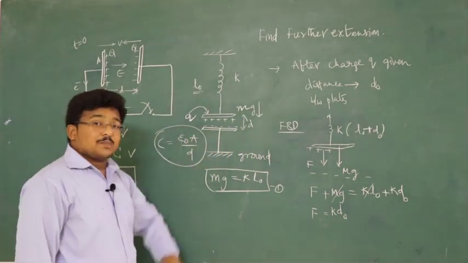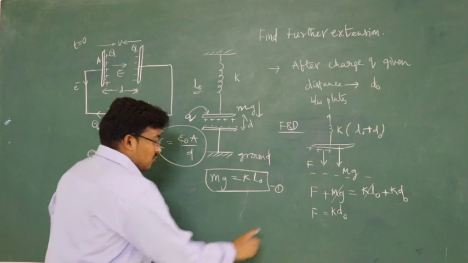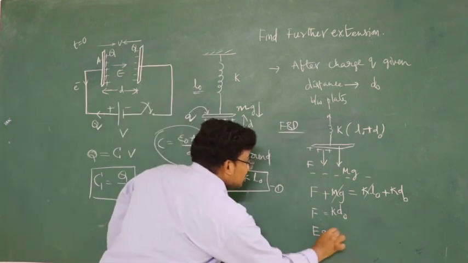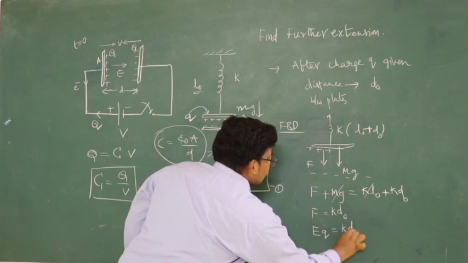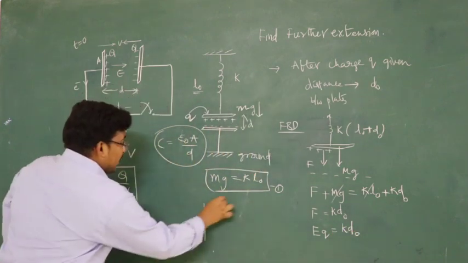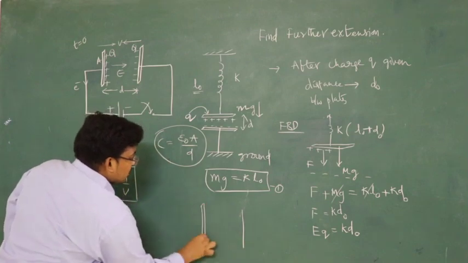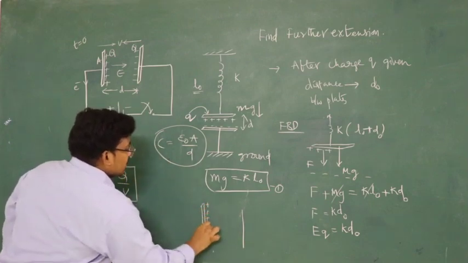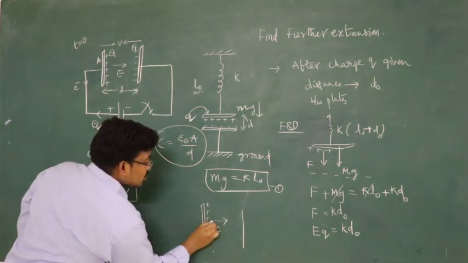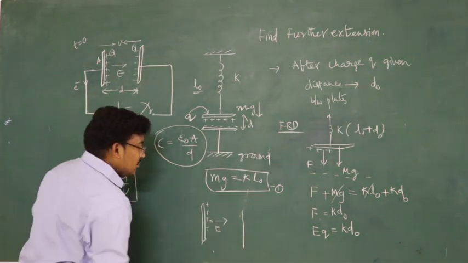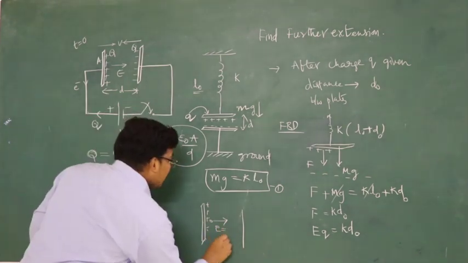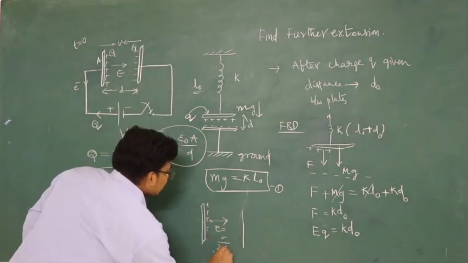Now what is the force between the plates? Force is equal to the electric field of the plate into the charge, which is equal to k d naught. Don't you know the electric field? If this is the positive plate, due to this plate the electric field will be like this, which we already know due to a single plate is sigma by 2 epsilon naught.